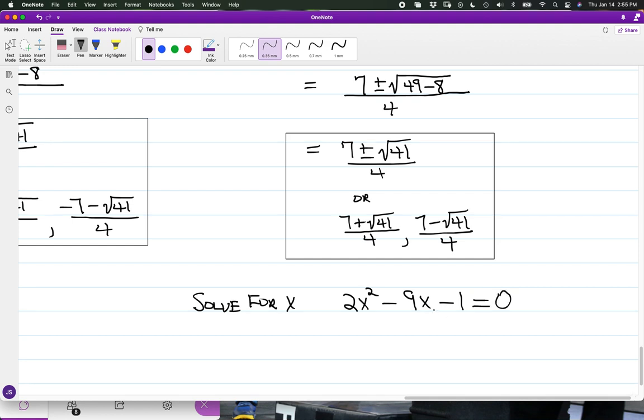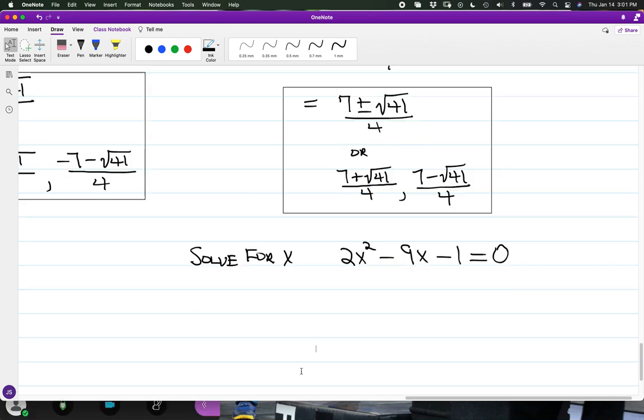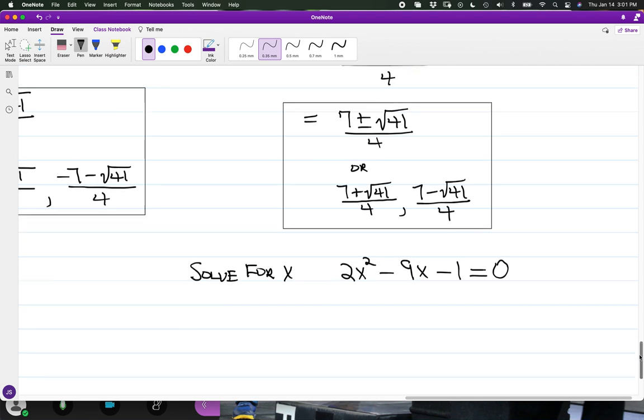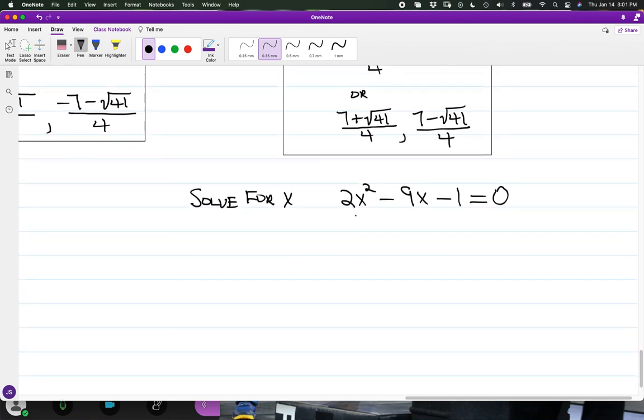And this is a trinomial that cannot be factored into integer terms. So let's see what we get for x from 2x squared minus 9x minus 1 equals 0. Again, this is another trinomial that we cannot factor in terms of integer coefficients exclusively.